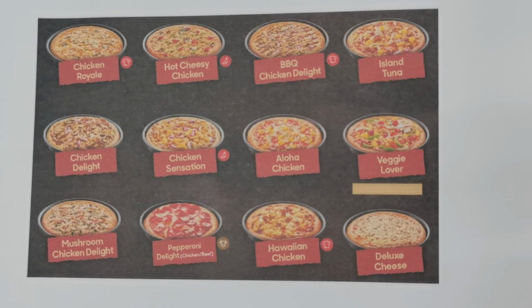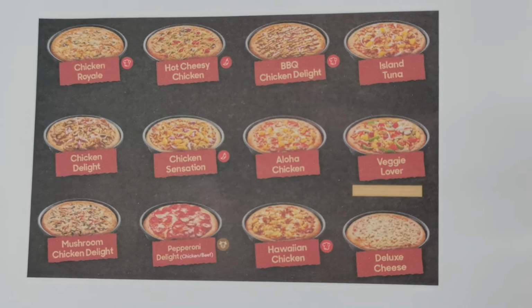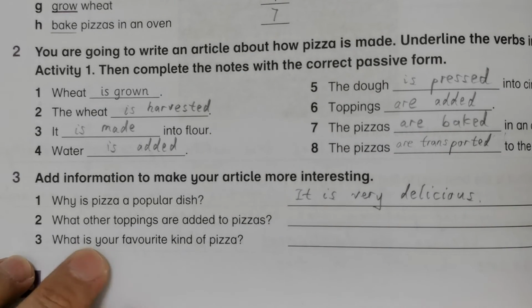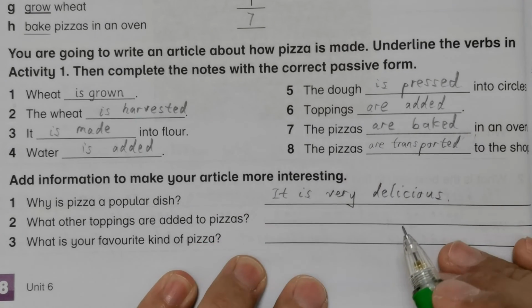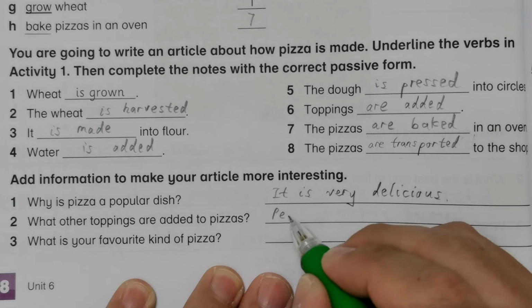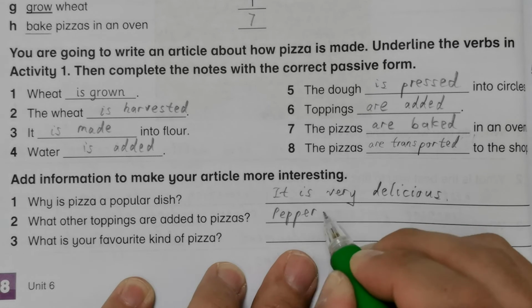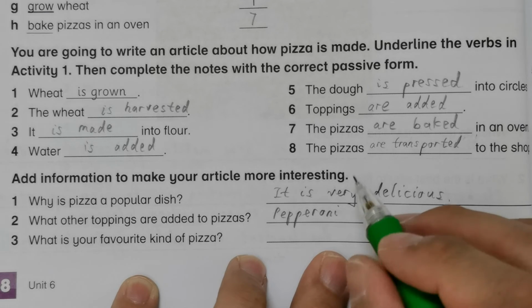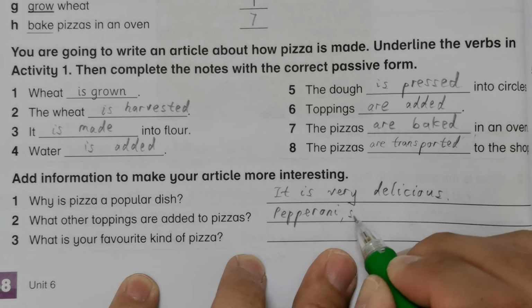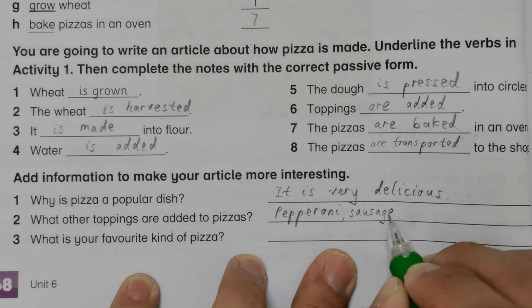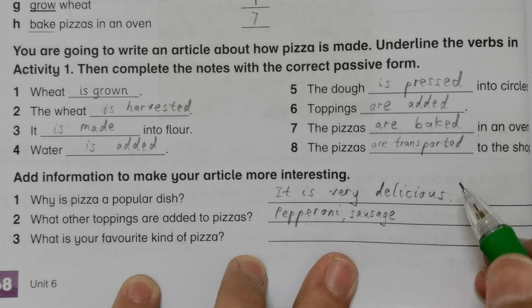So this is basically the menu. When you went to restaurant, you will see this menu here. So what are the toppings? So maybe you can write a few. So pepperoni, sausage, so many of them are processed meat.